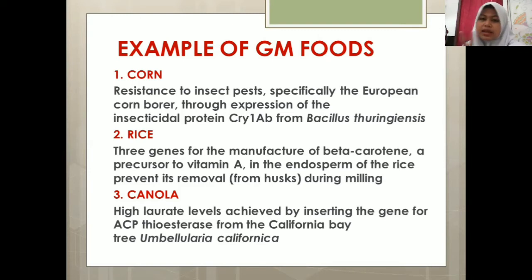And then it's rice: three genes for the manufacture of beta-carotene, a precursor to vitamin A, in the endosperm of the rice prevent its removal from the host during milling. And then number three is canola: high laurate levels achieved by inserting the gene for ACP thioesterase from the California Bay tree, Umbellularia californica.